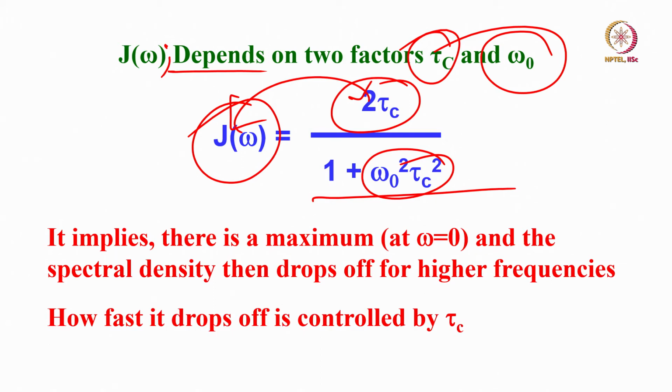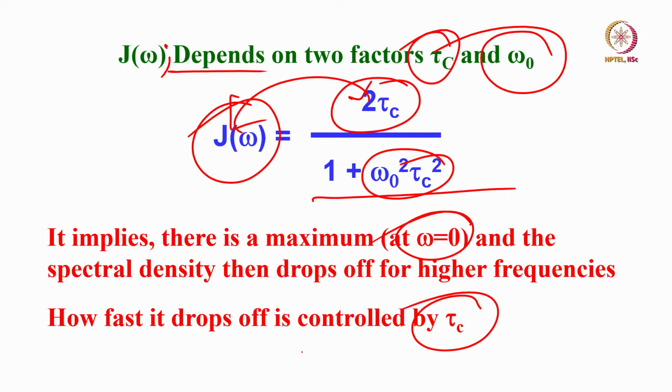Now what this equation implies is, you can calculate, it has a maximum at omega equal to 0, and the spectral density drops off very drastically at higher frequency. How fast it is dropping off, how fast it is reducing at higher frequencies, is controlled by tau c.